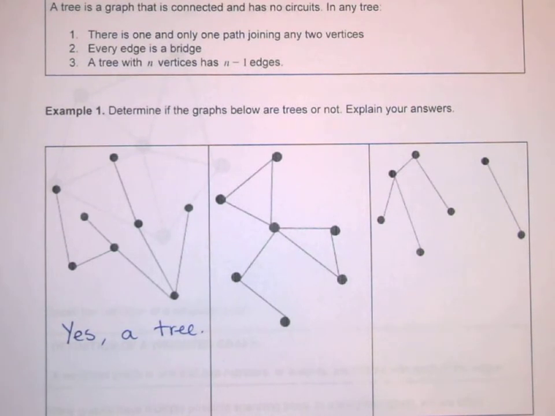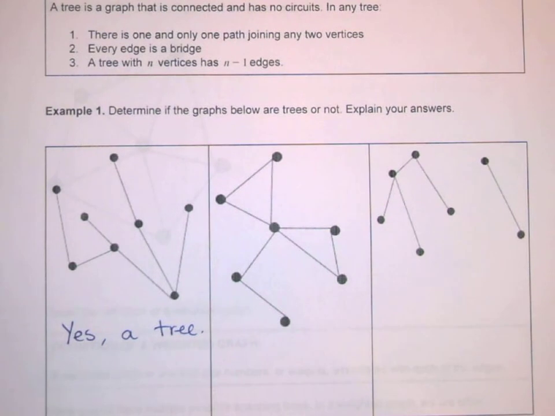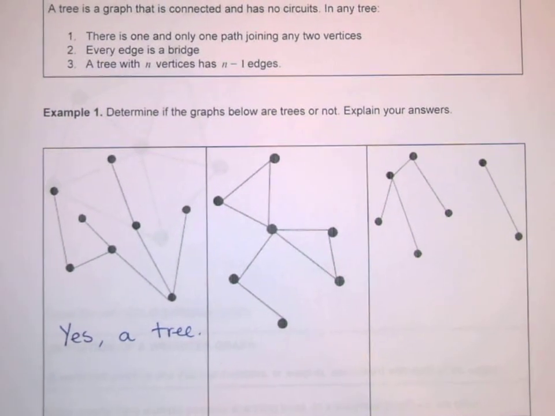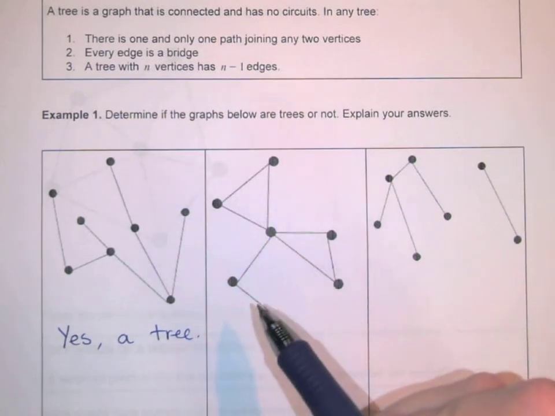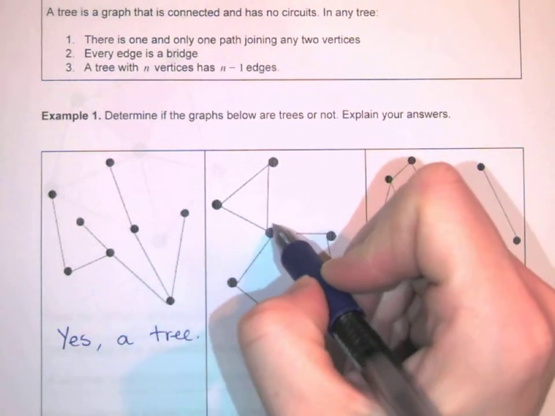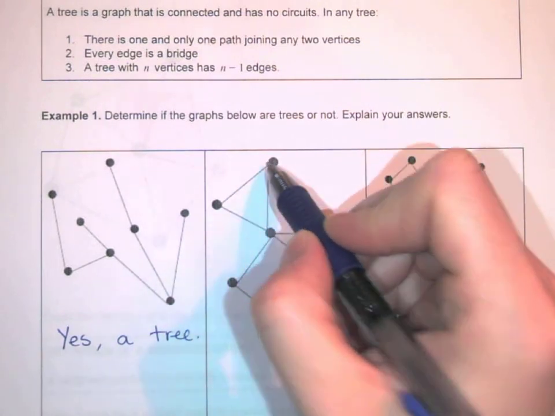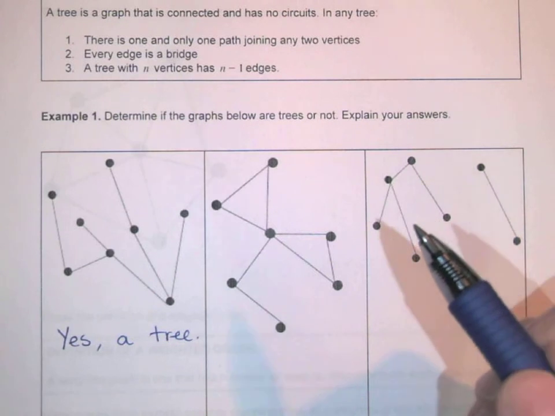If you like, pause your video and determine on your own if B and C are trees or not. In the second one, it is connected, but it has circuits. So circuits are paths that can begin and end at the same vertex.